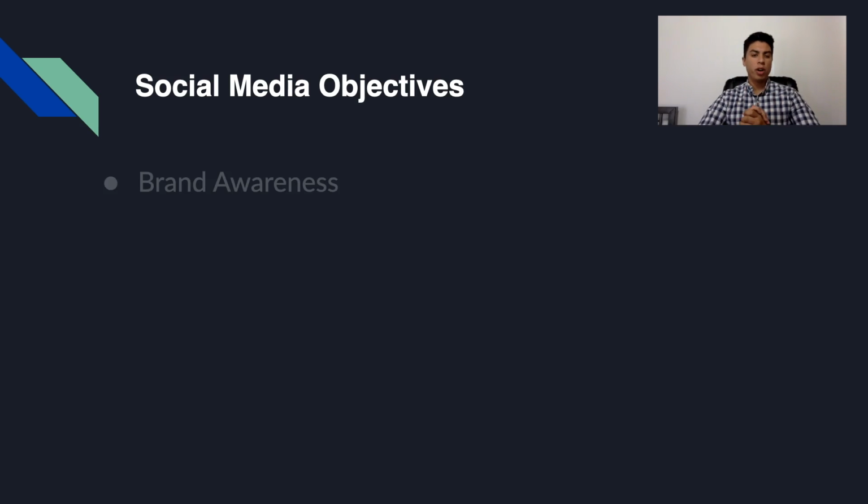So let's start with brand awareness. Brand awareness ranks on top of the reasons marketers use social media, and it's actually quite easy to understand why. If it's not, just take a look at your smartphone activity. According to a study from Social Media Today, people are spending around 2.5 hours on social media.